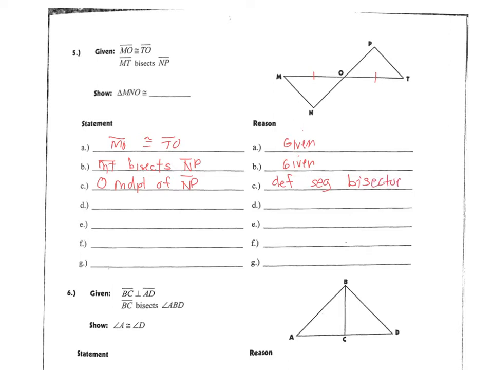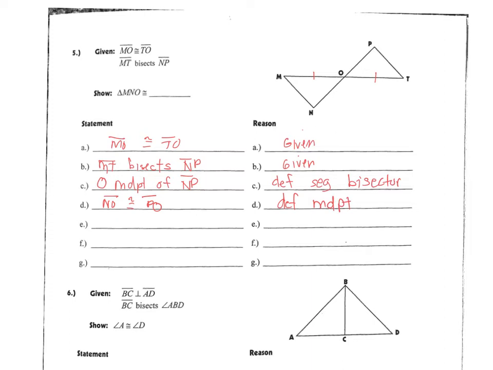Now, if we have the midpoint, what we should know next is that we have two congruent segments, and so that's going to be segment NO congruent to segment PO, and that is by our last statement, which was a midpoint, so definition of midpoint.